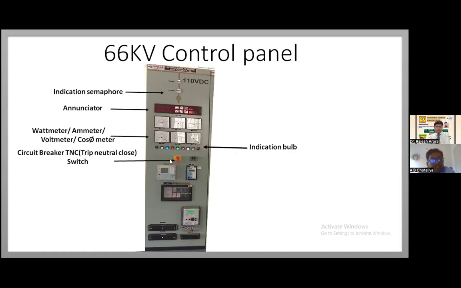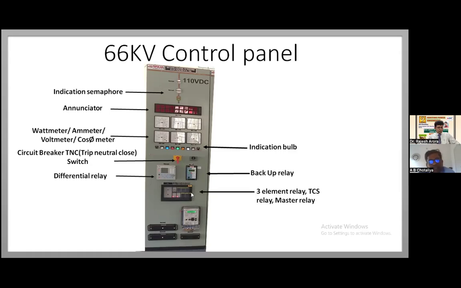We have seen a TNC switch, which is a trip neutral close switch to operate the breaker. Then there is a differential relay, as this panel is a transformer panel. So the differential relay is here, and another one is the backup relay.